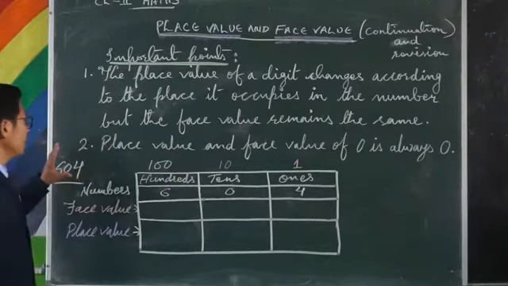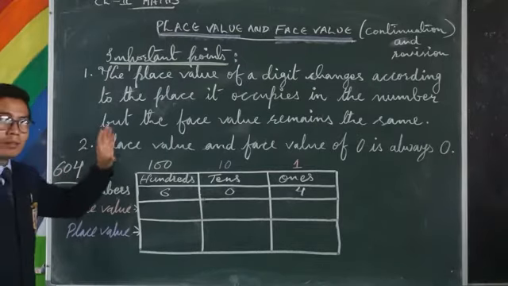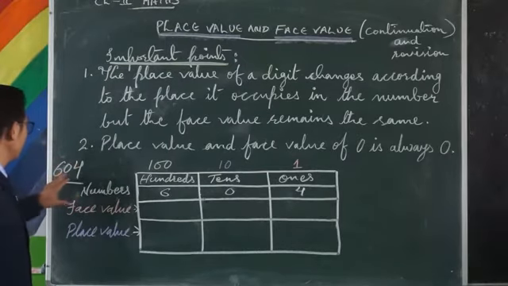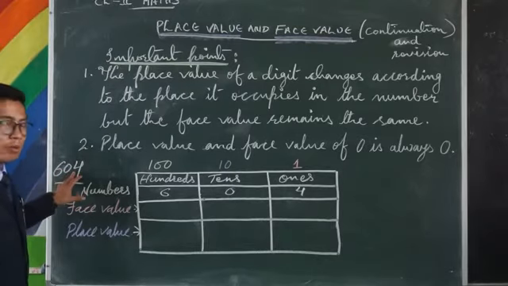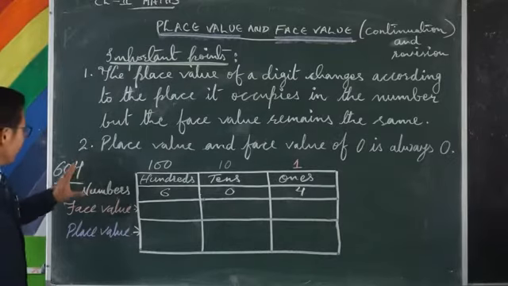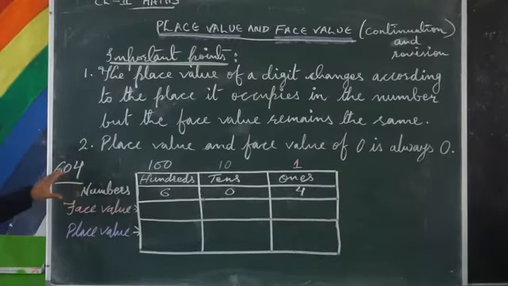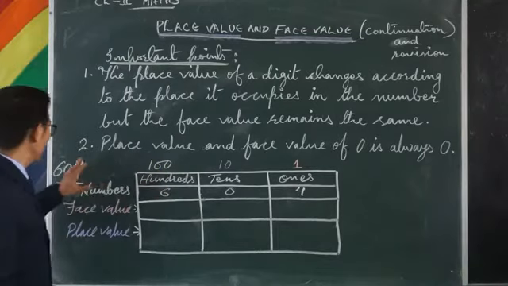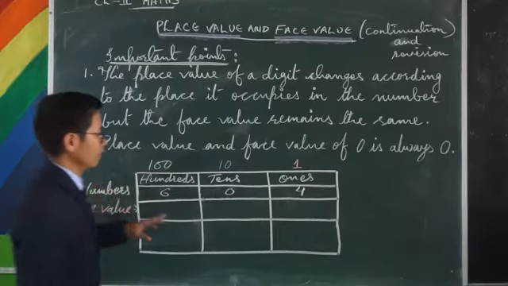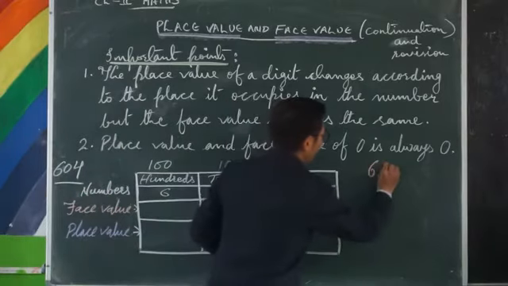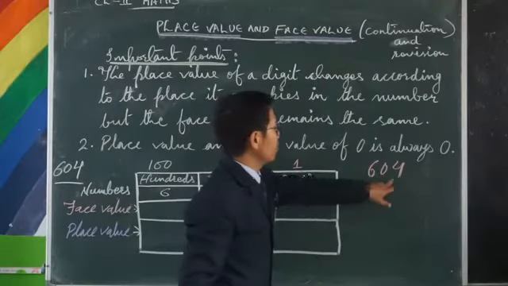Now consider a number: 6, 0 and 4. 604 is a number. I'll write the number out here: 604.